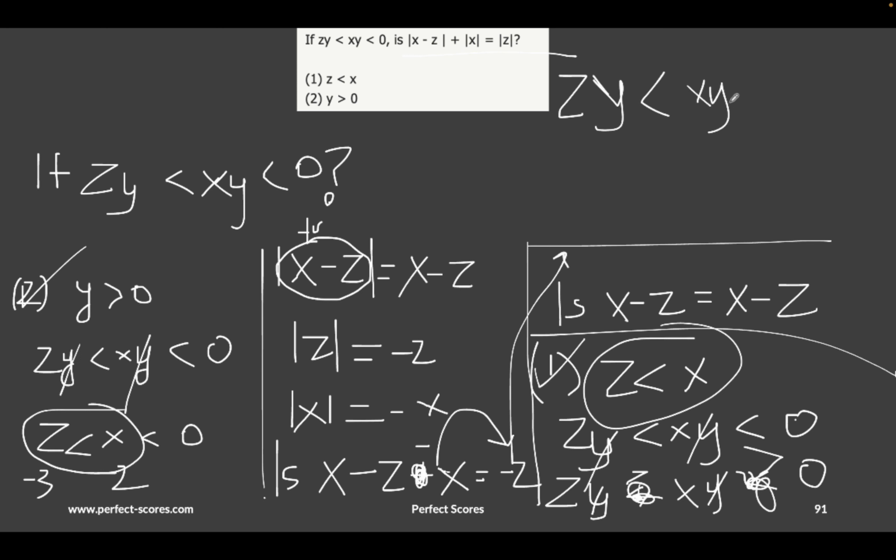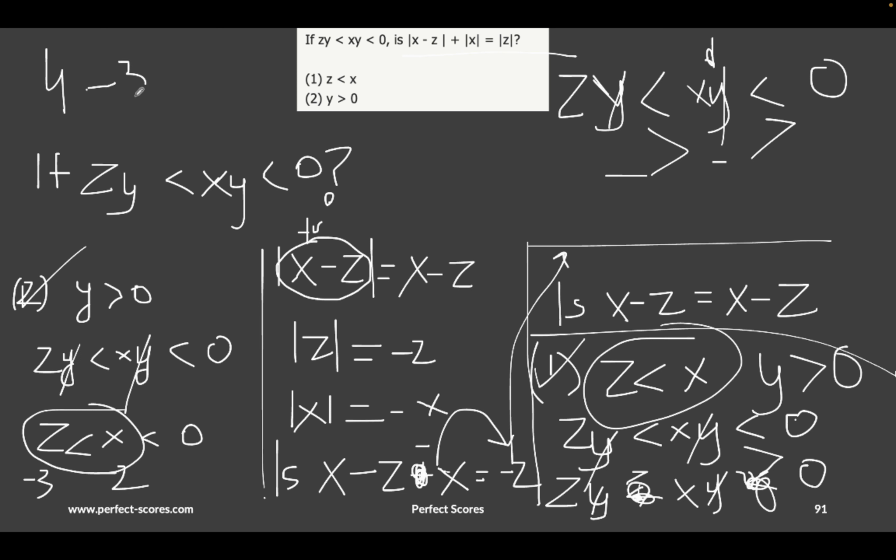But if y is a negative number, then if you cancel negative numbers from both sides, the sign has to flip. So statement 1 is telling me that y is a positive number. Take an example: 4 times negative 3 is greater than 5 times negative 3, right? So negative 12 is greater than negative 15. And if you cancel negative 3 on both sides, you would have to flip this sign. That's essentially what's happening here.